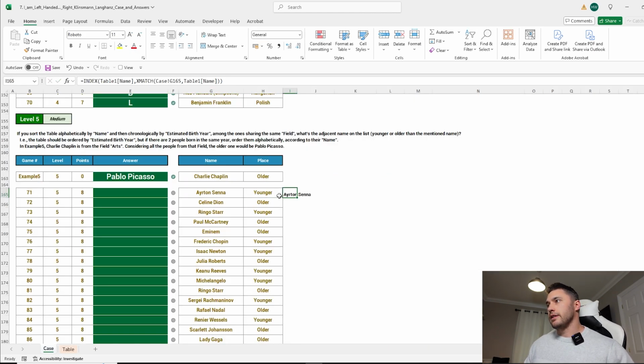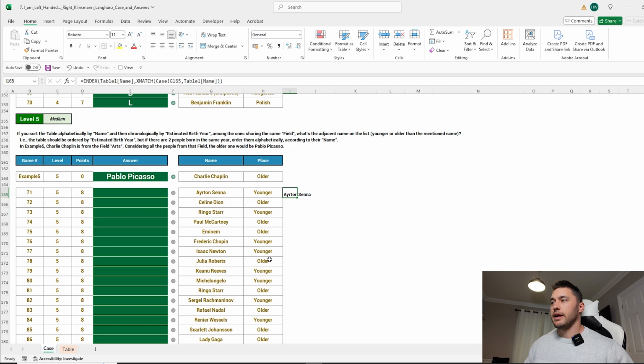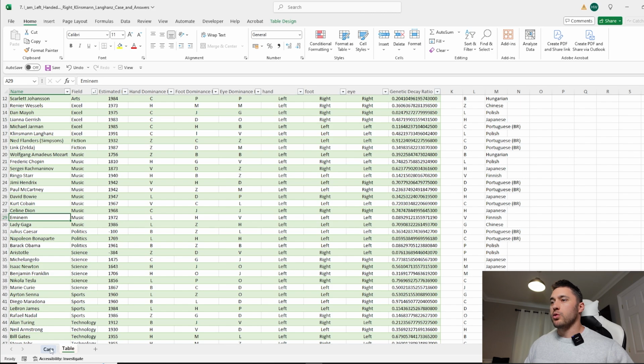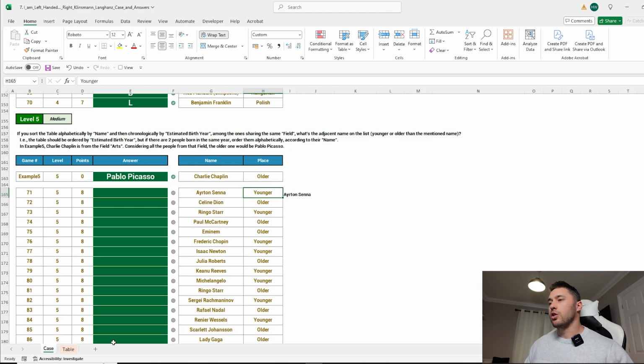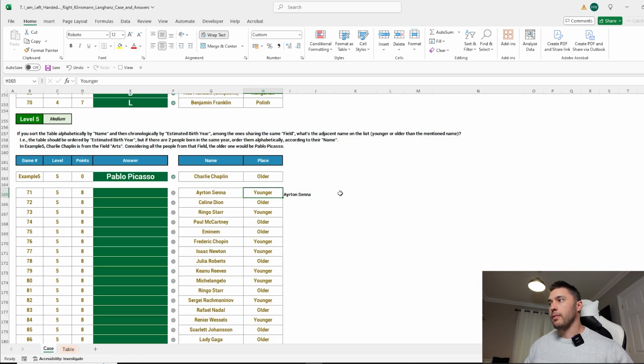So it's just going to find them. They are in position, whatever it might be, and it's going to return them. Then what we want to do is return someone either above or below them based on whether we're going younger or older. So younger people will be after, so we want a +1 to the row, and younger people will be before, so we want a -1.